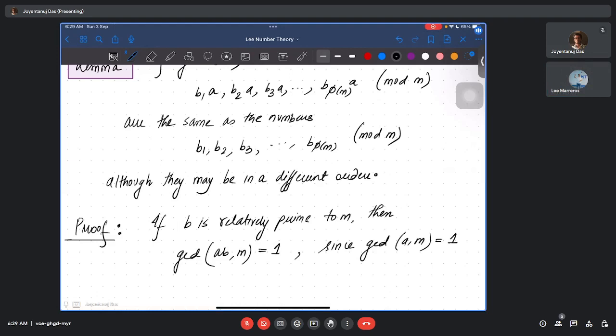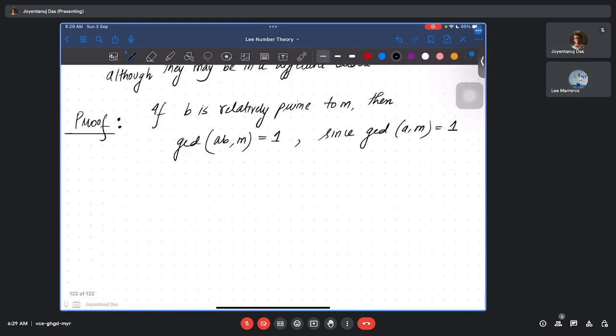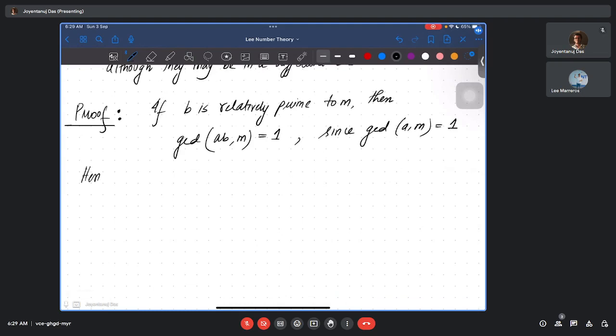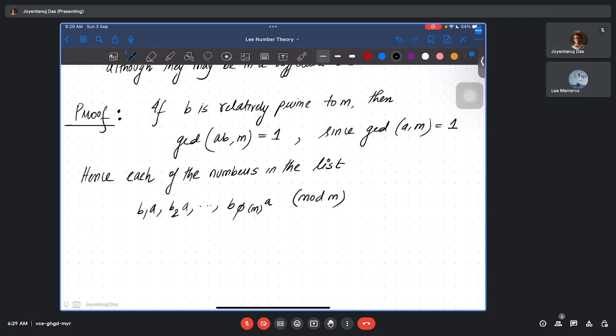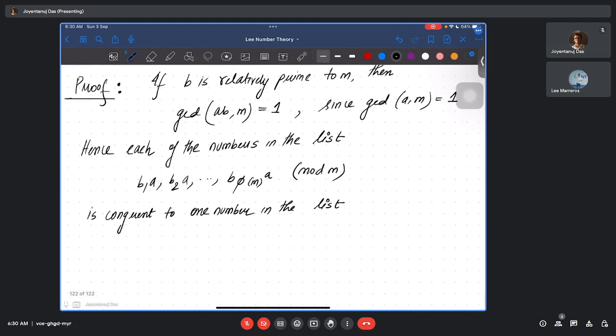So each of the numbers in the list B1A, B2A up to B of phi(M) times A mod M is congruent to one number in the list B1, B2 up to B of phi(M).